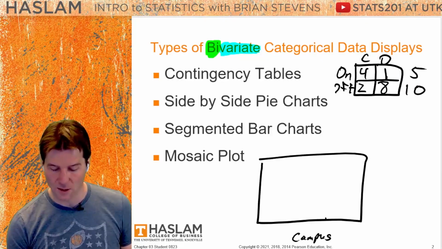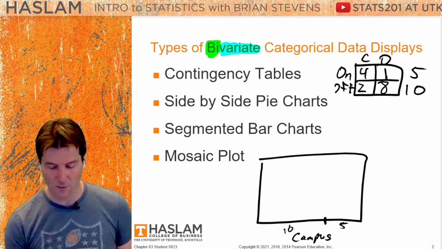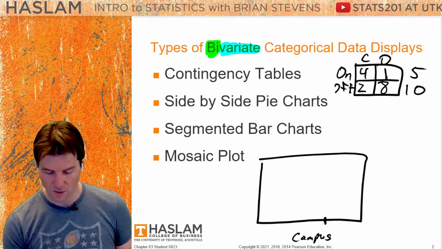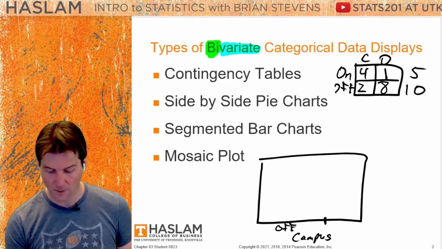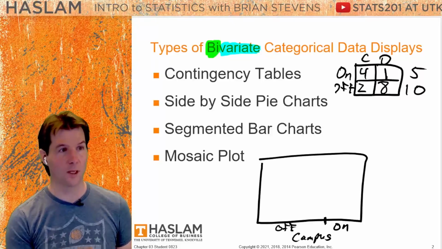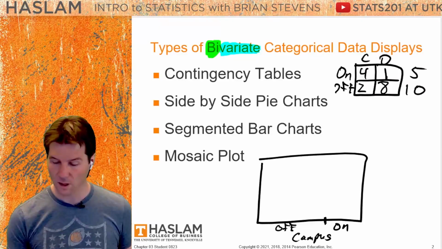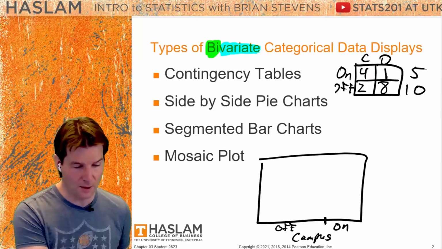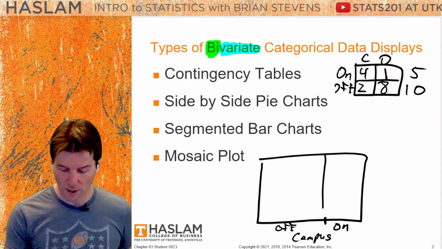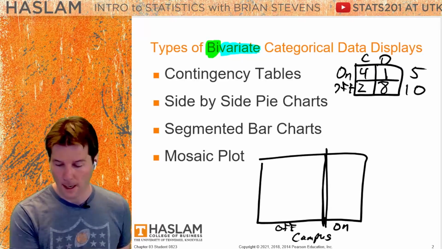That means we need to do a split right here where it would be 10 in this group and 5 in this group to make it properly sized. And this would be the off-campus group right here, and this would be the on-campus group right here with a 1-to-2 ratio.